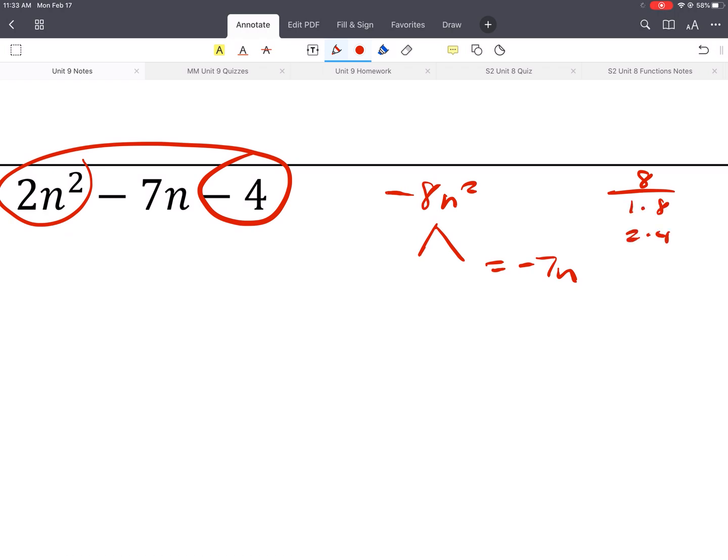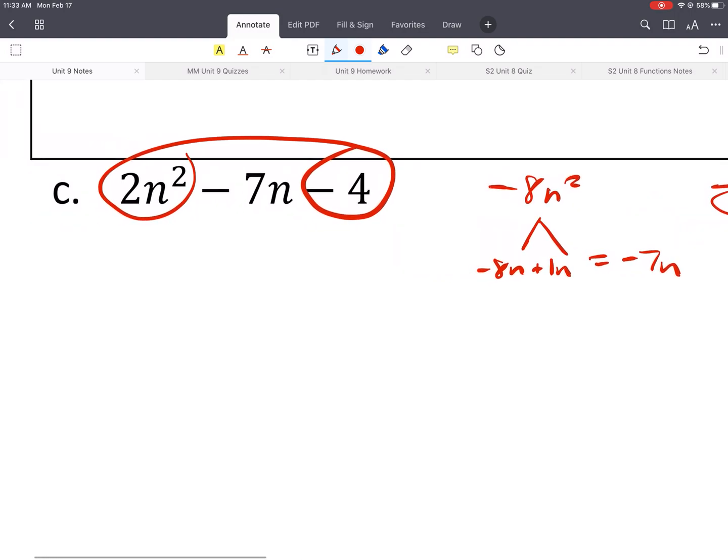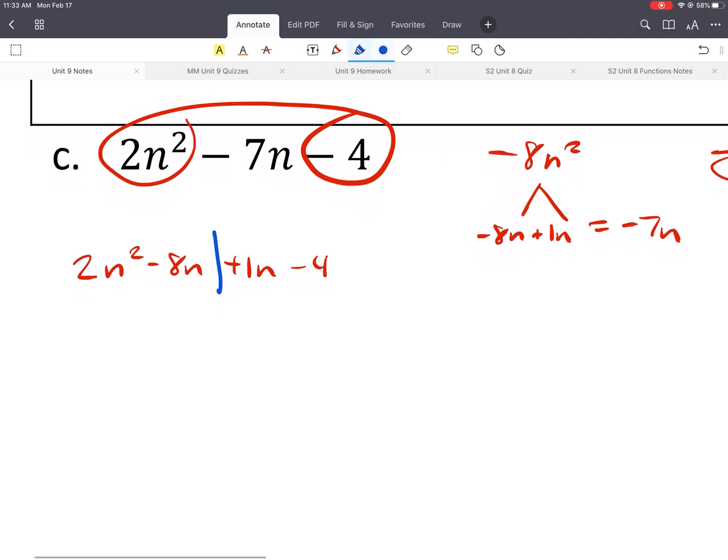I did this one very similar to that, and again it's going to be 1 and 8 that would make that work. We would have to do negative 8n plus 1n. And we'll substitute that in. So we'll have 2n squared minus 8n plus 1n minus 4. And we'll cut it in half.